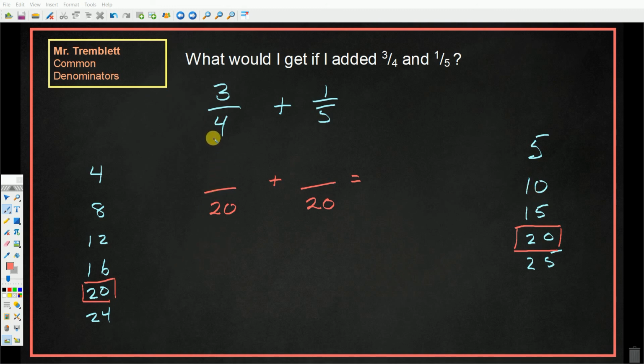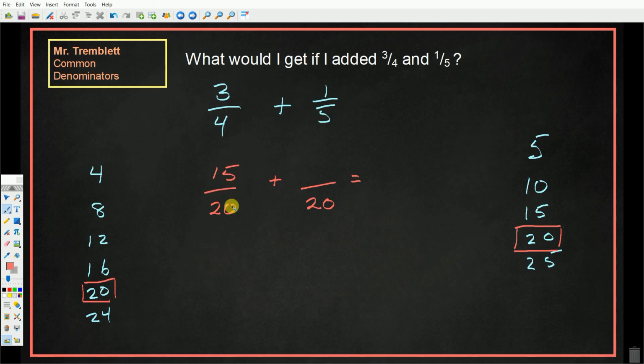So what happens here is, in order to go from the 4 to the 20, we are multiplying by 5. So we cut every piece here 4 times, which is actually multiplying the number of pieces we have by 5. So whatever you're doing in the denominator, you're going to do to the numerator as well, so that it is an equivalent fraction. 3/4 and 15/20 are the exact same value, so they are interchangeable.